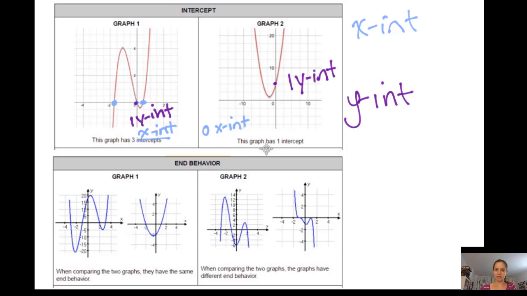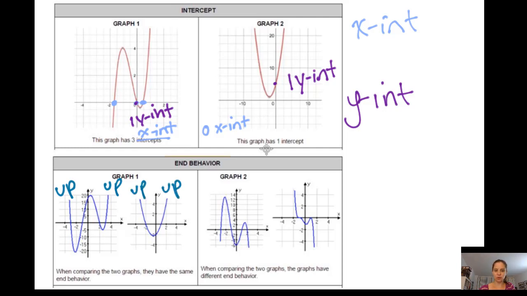Now on to end behavior. End behavior describes how the function behaves at the ends of the x-axis. So in graph number 1, it says when comparing the two graphs, they have the same end behavior, because at the end of each graph, both sides are going up.